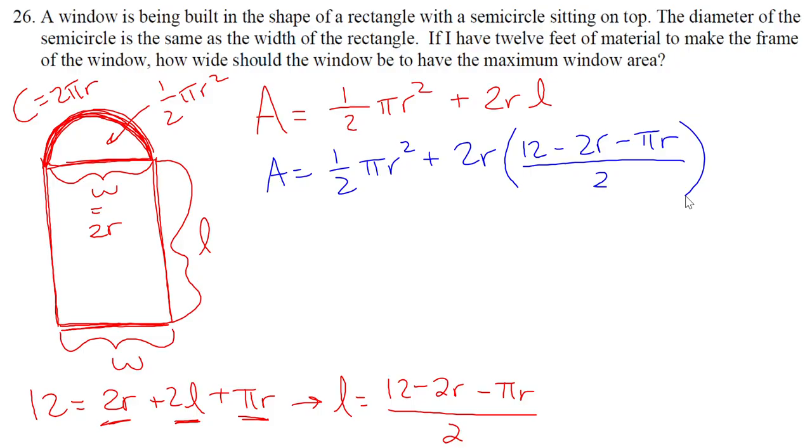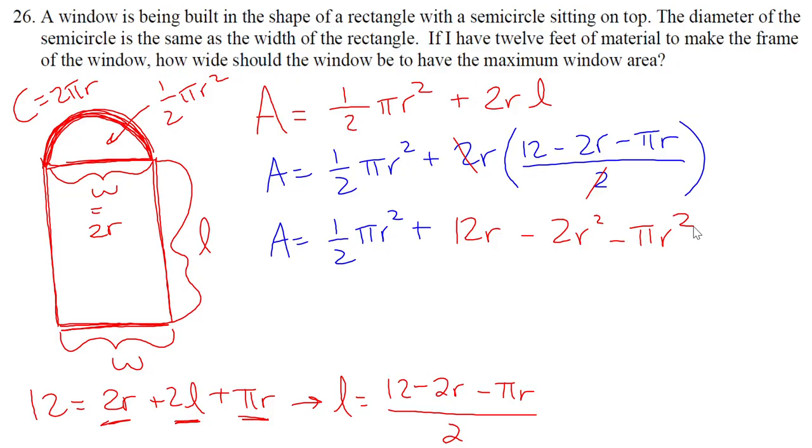And now we can simplify that down a little bit, right? We'll have the area is equal to 1/2 pi r squared plus, the 2 here can cancel with the 2 here. So we'll be left with 12r minus 4, minus 2r squared minus pi r squared as our area function here.